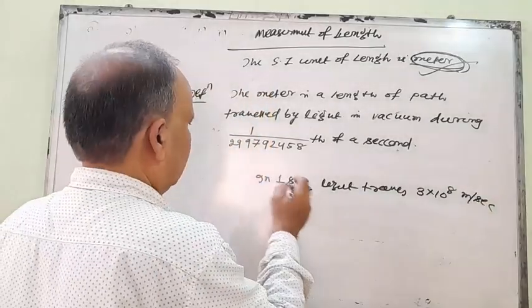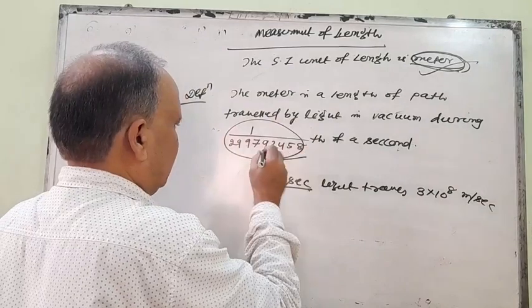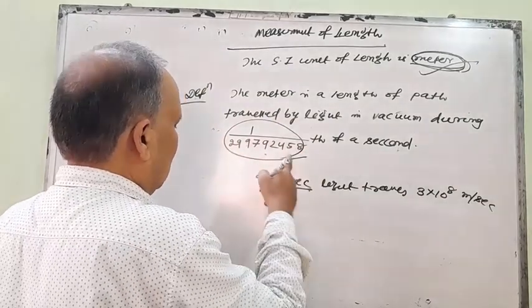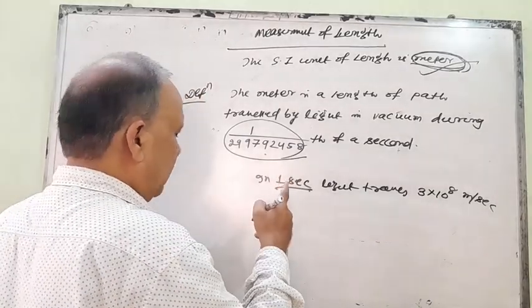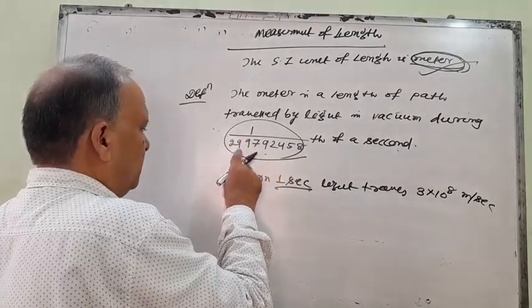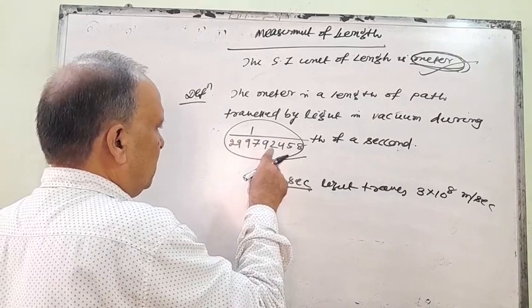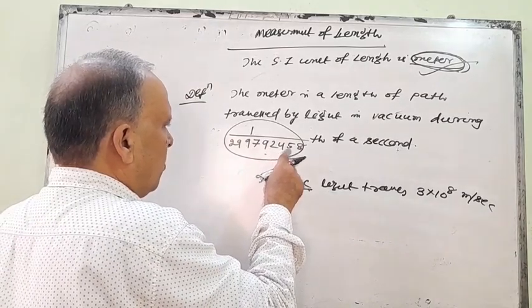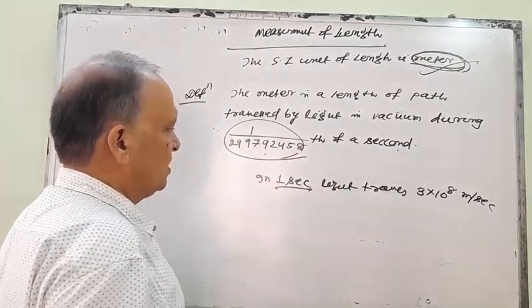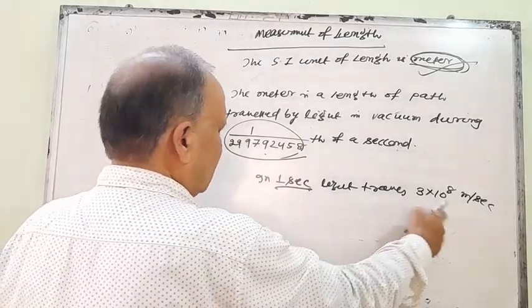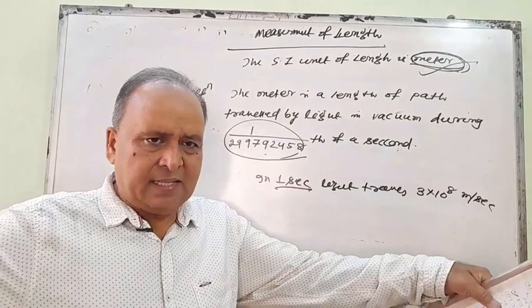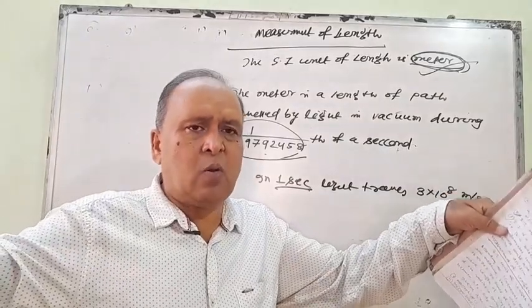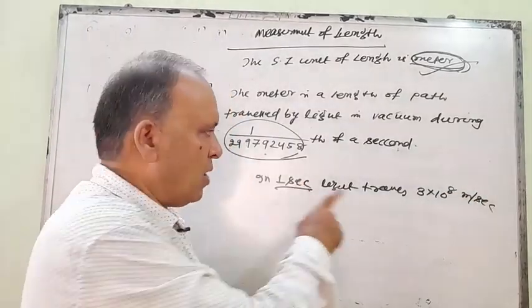So you divide the second by this. So the distance covered by light in vacuum in 1 by 299,792,458 second is equal to what? This divided by this, that is equal to 1 meter. Like this, the length is called 1 meter. It was found at first.